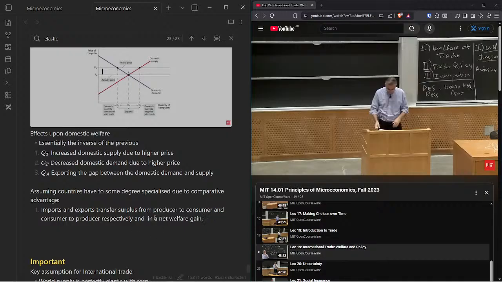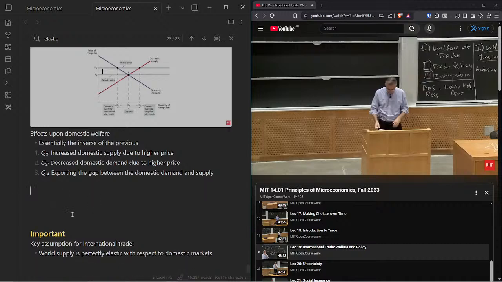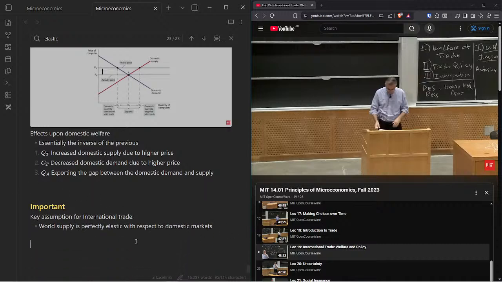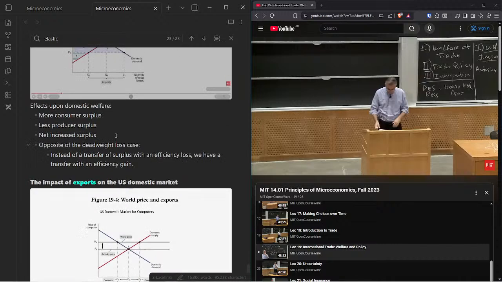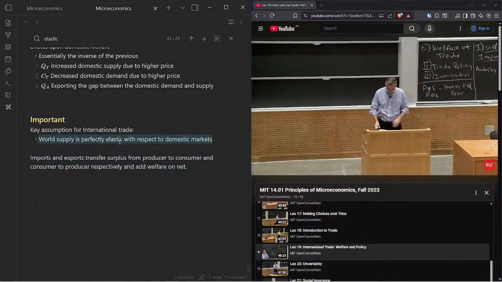And add welfare on net. Yeah. Okay. And basically, if I forget what that actually means, I just reread back through this. This is like the memory trigger for me. That'll trigger all this. Cool.